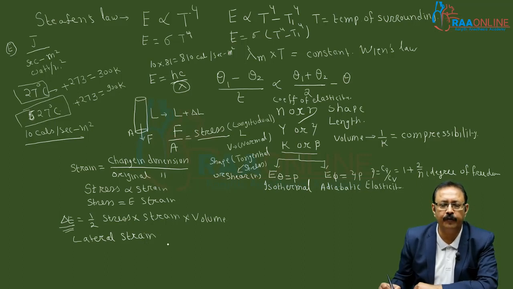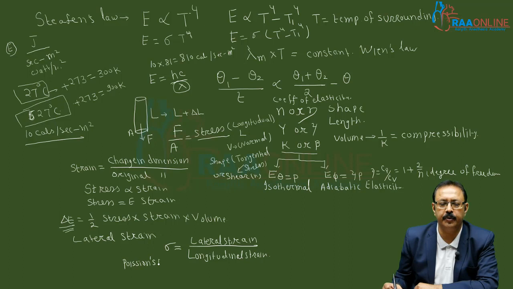And the ratio of lateral strain to longitudinal strain is known as Poisson's ratio.